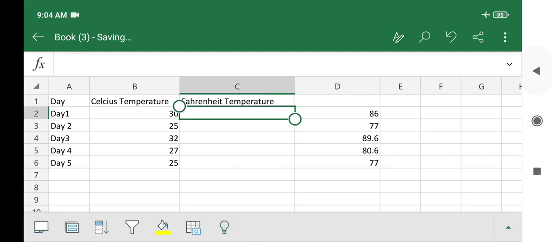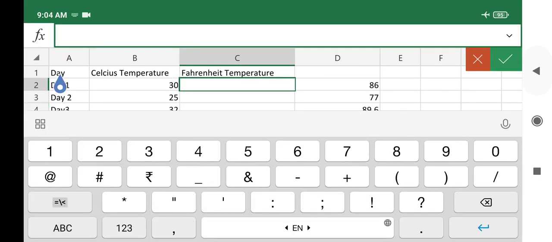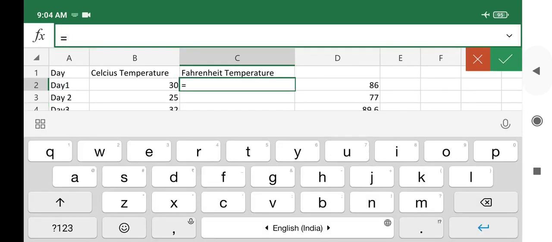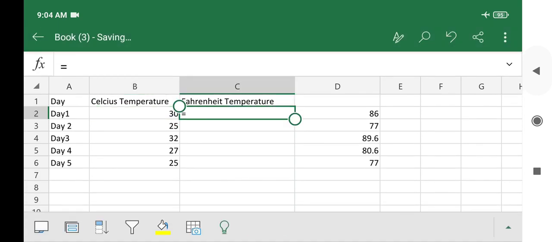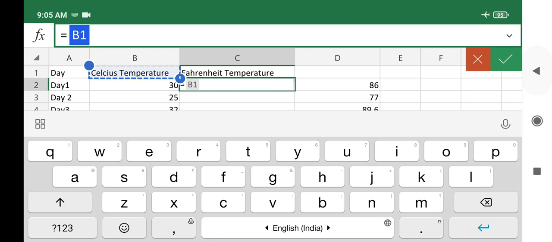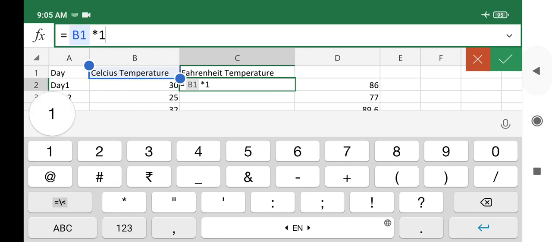So I have done this using the formula by manually calculating each and every one. But right now I'm showing you how applying relative cell reference we can do it. For the very first time you have to calculate: select the value, then multiplication 1.8, then plus 32.